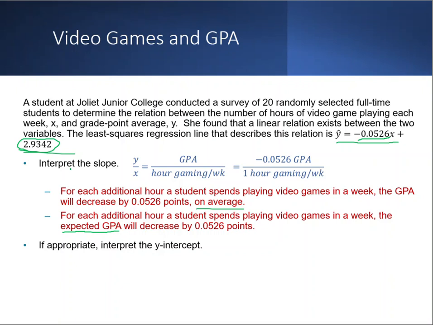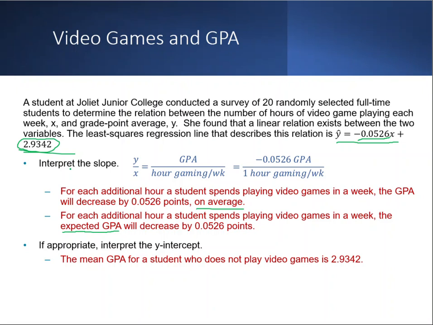In order to interpret this, we need to understand that we get this 2.9342, this y-intercept, when the explanatory value x is equal to 0. That means that the mean or average GPA for a student who does not play video games, or who plays 0 hours of video games, is 2.9342.